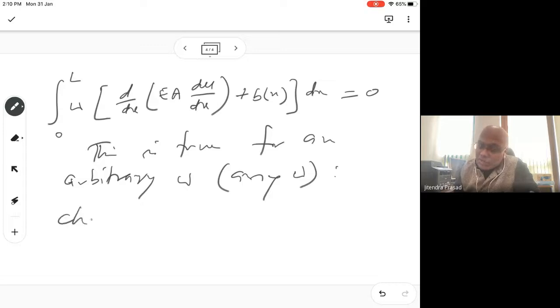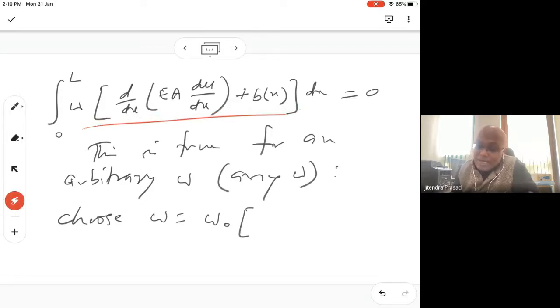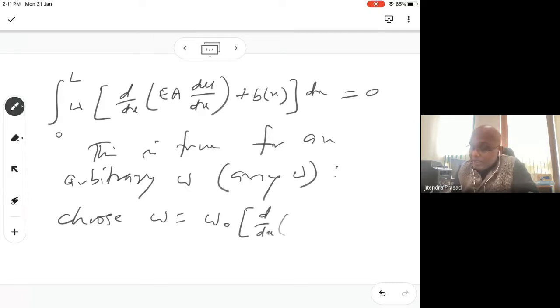So choose w equal to w naught, and exactly the same thing. It's up to you. You can take any form, any equation you can choose for w. So you can choose w equal to w naught times d over dx of EA du over dx plus bx.